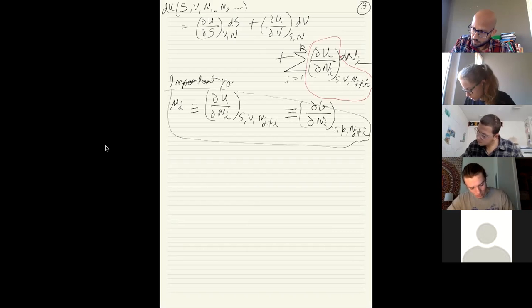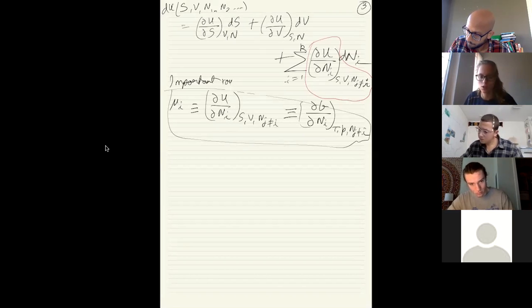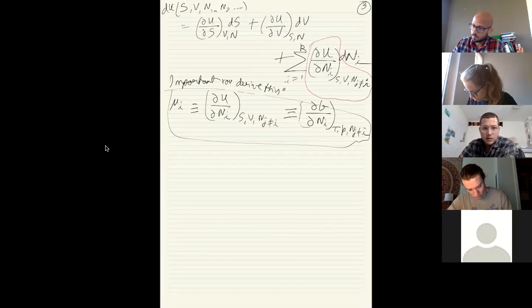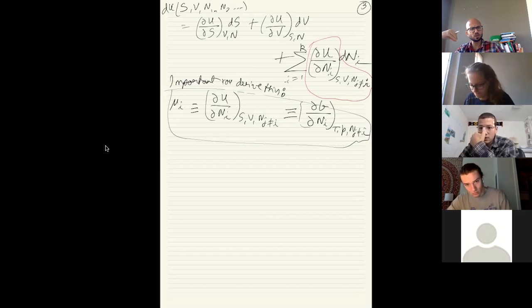You derive it, and it's been done in class. Why are they equivalent? The best way to look at it is to start from dG and then go back to the expression for dU.